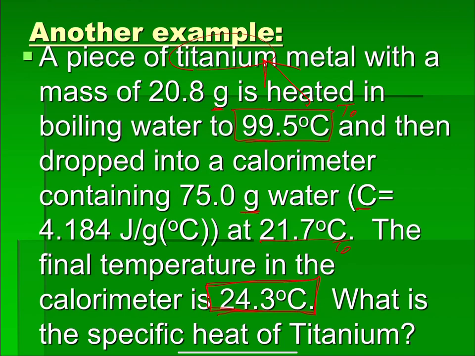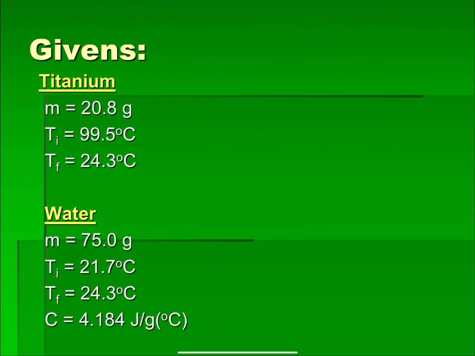What is the heat capacity of titanium? So we're looking for C for titanium. Again, listing out all those givens. Remember, they're asking about titanium, so I am going to start with water this time.